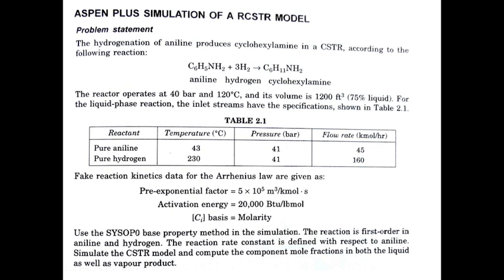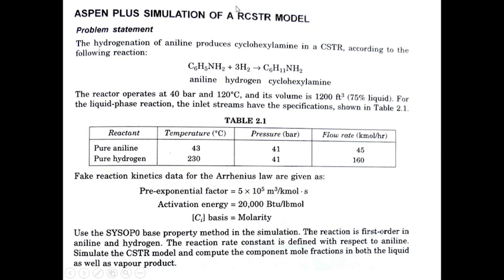So try to run this simulation, using this RCSTR model. Once you open Aspen, the first task is to specify the components given in the problem. Second, you have to specify the thermodynamic property method. After that, you have to specify the feed streams, that is, these conditions.